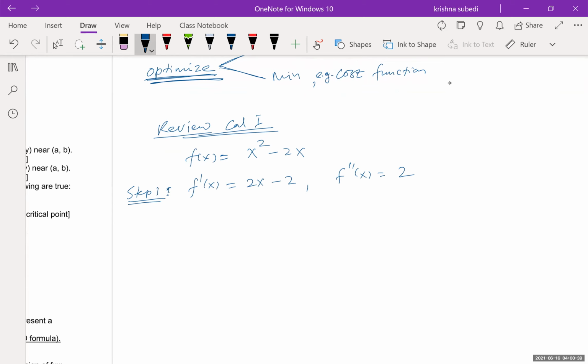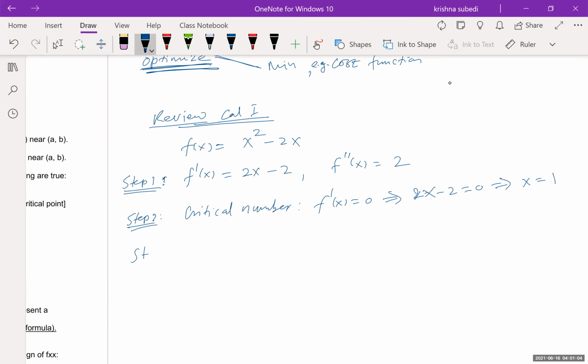Now in step 2, you find the critical number, which means f prime of x equals 0. This gives me 2x minus 2 equals 0, which is x equals 1. This is your critical number.